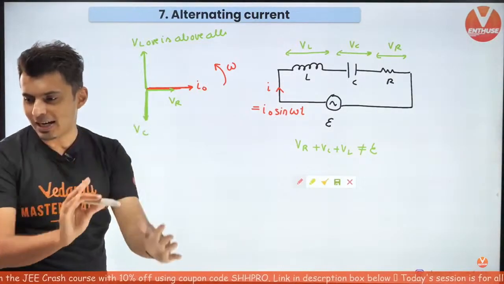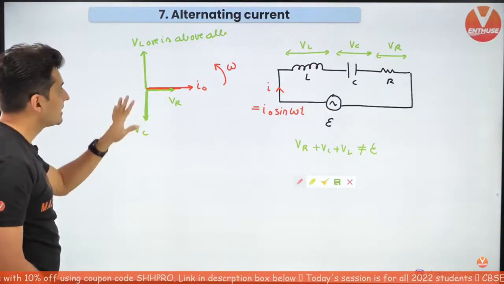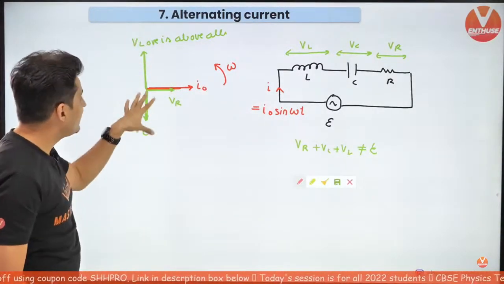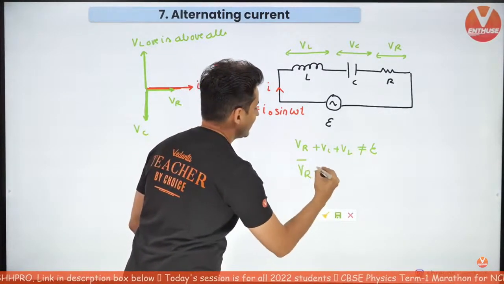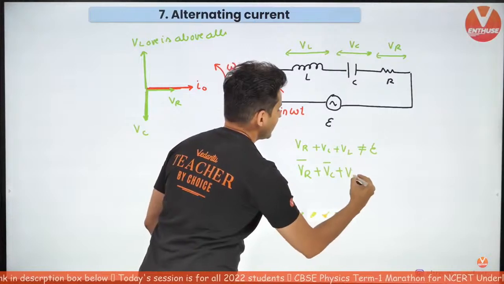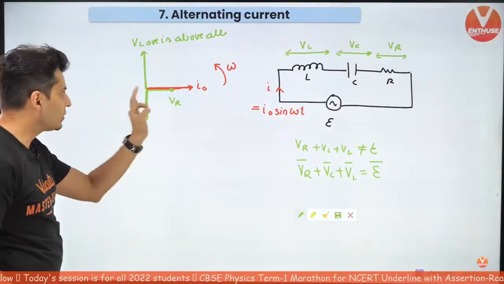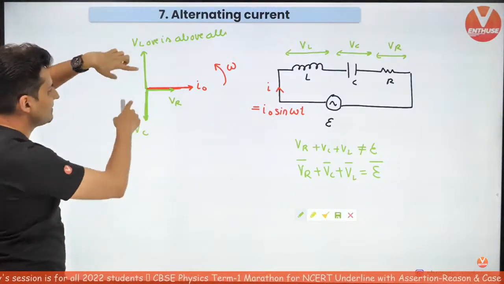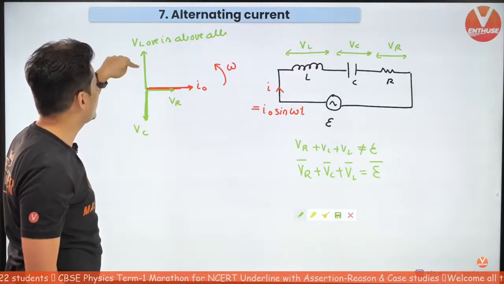Now it's just a matter of treating them like vectors. So when you add them like vectors, VR vector plus VC vector plus VL vector, then it is E vector. That's how you should understand. So if I tell you add these three forces, first you will get rid of these two forces.